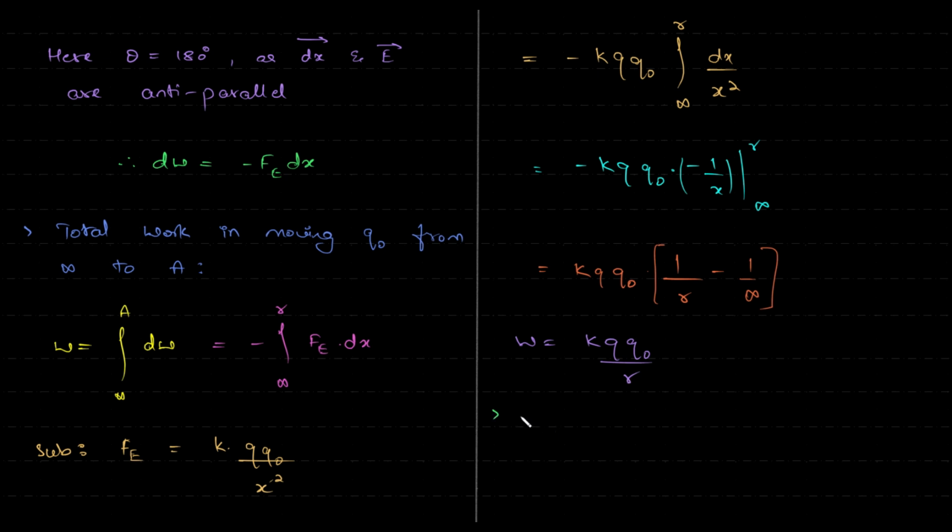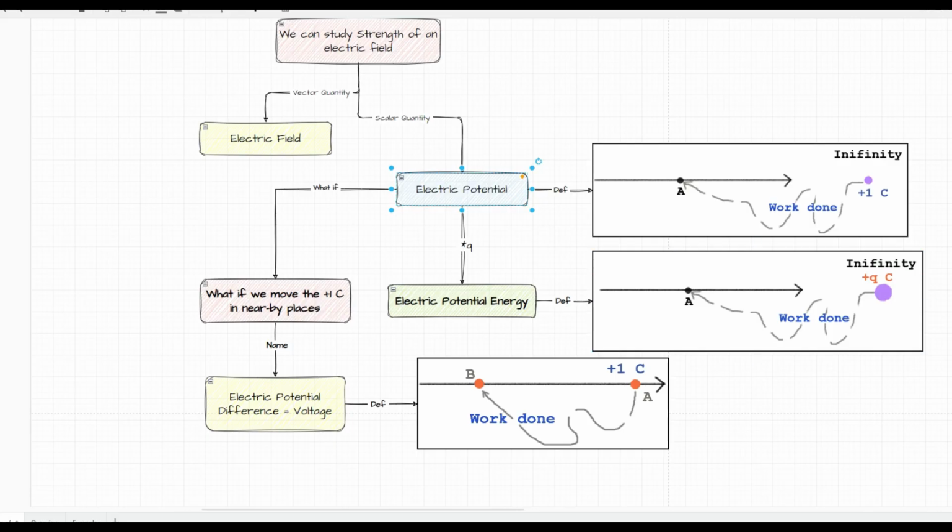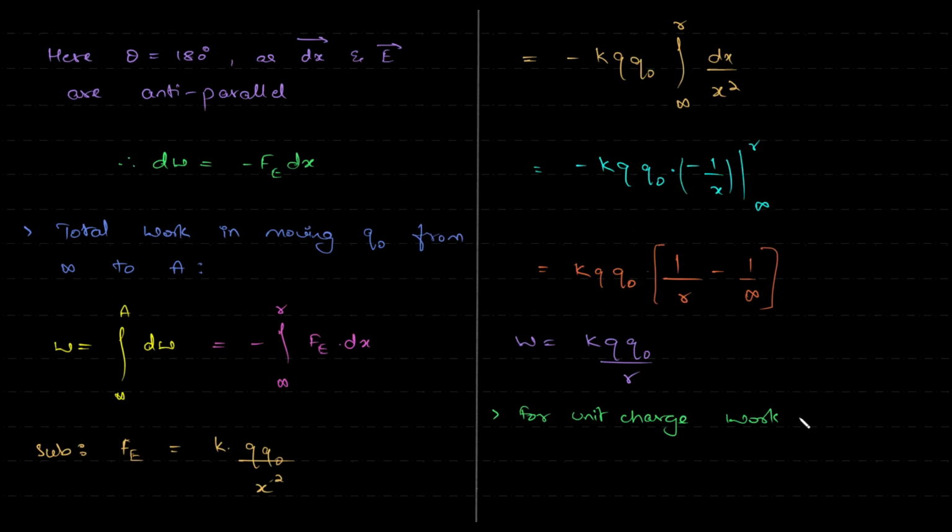So next thing is, for a unit charge, work will be what? Why is it that we are doing this? Yes, that's the definition of your electric potential, right? And so we have to figure it out for a unit charge, not q naught. What we found now is electrical potential energy, right?